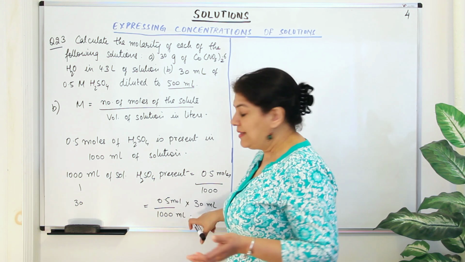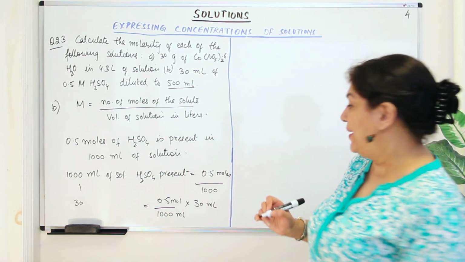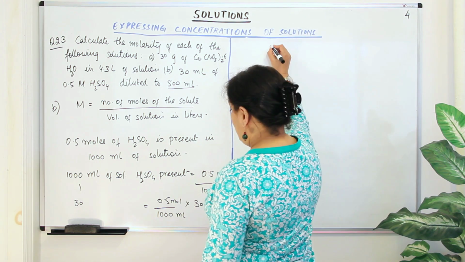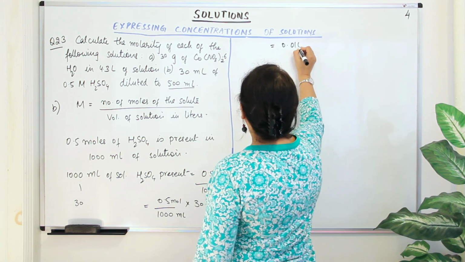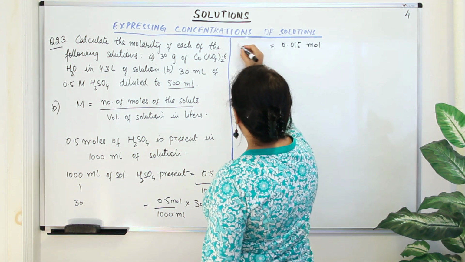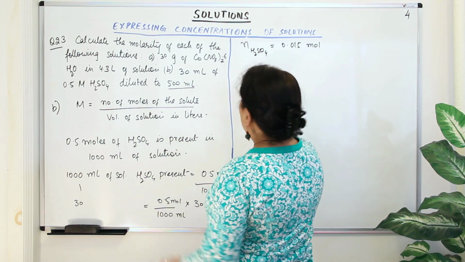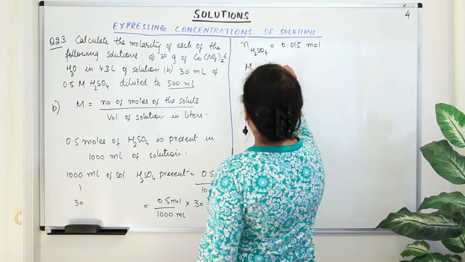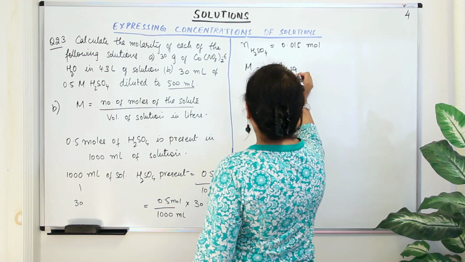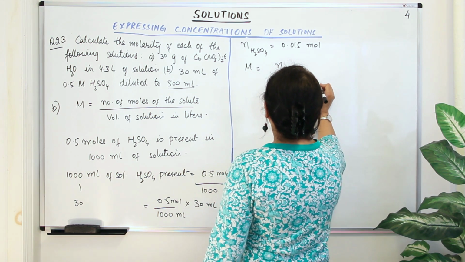So when you calculate this, what do you get? You get 0.015 mole. This is the number of moles of H2SO4. So in order to calculate the molarity, you have to write down the number of moles of H2SO4 upon volume of solution in liters.